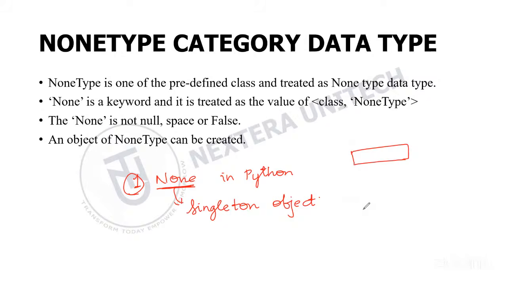Even if I say a equals None or b equals None, both variables a and b will point to the same location, because we have only one None value in Python. That is why None is a singleton object. There is only one None value in the entire Python.